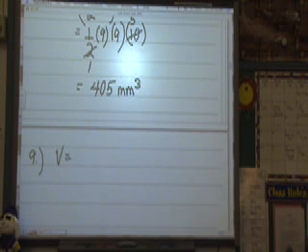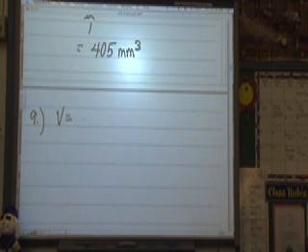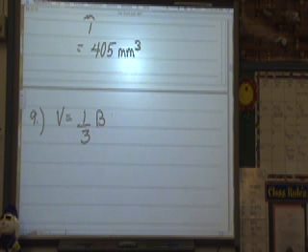A rectangle. What formula do I need for a pyramid because it comes to a point? 1/3. 1/3 what? Standard formula: the area of the base figure times the height. Capital B times H. What's the base figure again? A rectangle. How do I find the area of a rectangle?